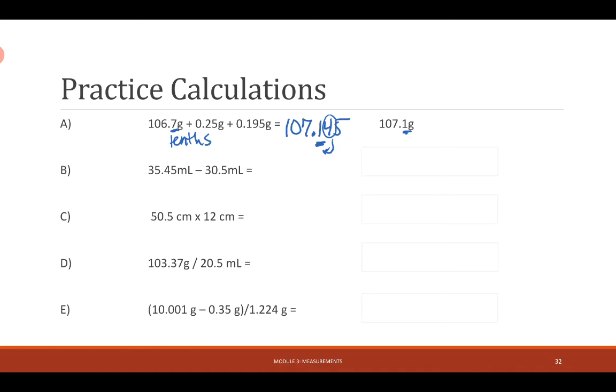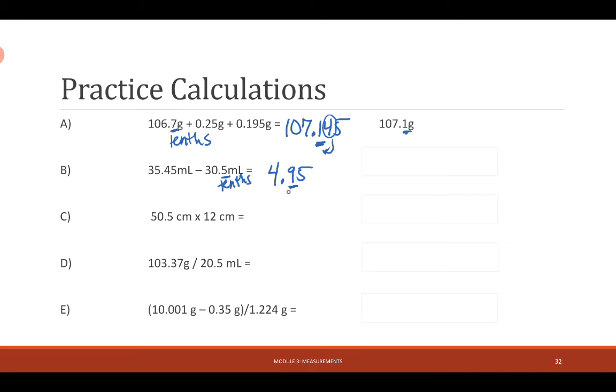Now for our next one, we have 35.45 minus 30.5, which is 4.95. The least precise is the 10th place.